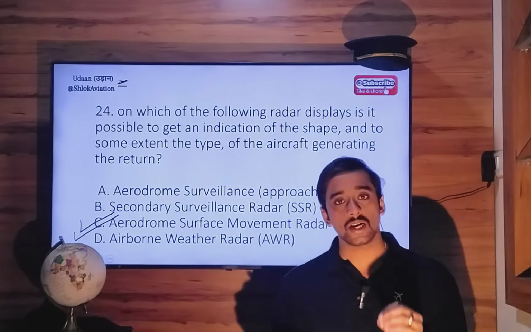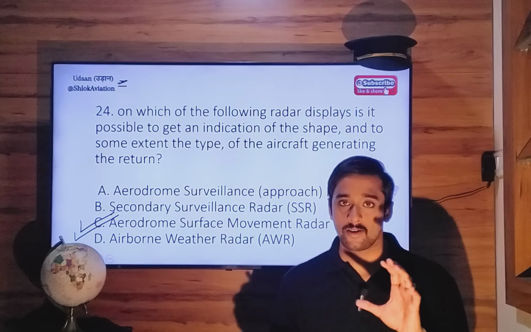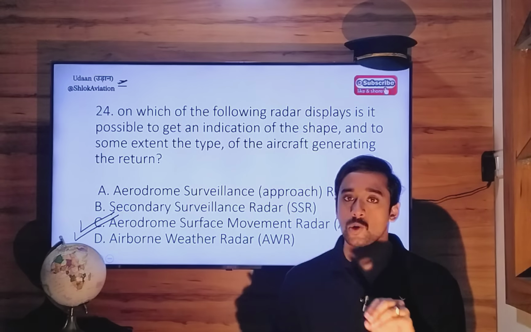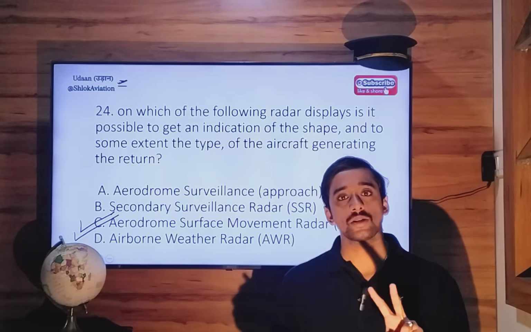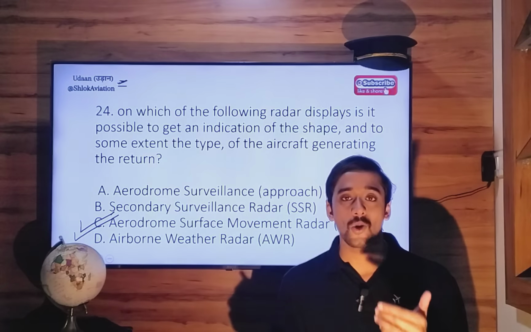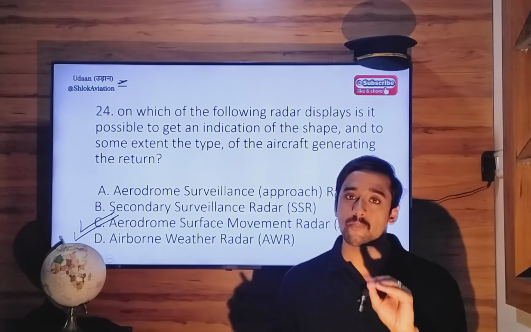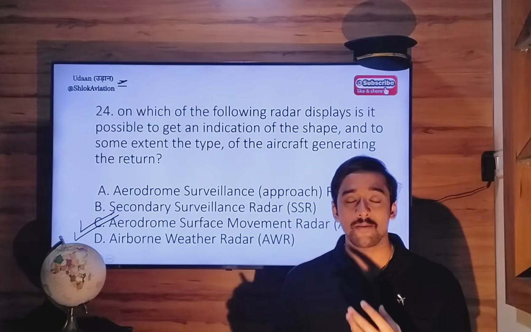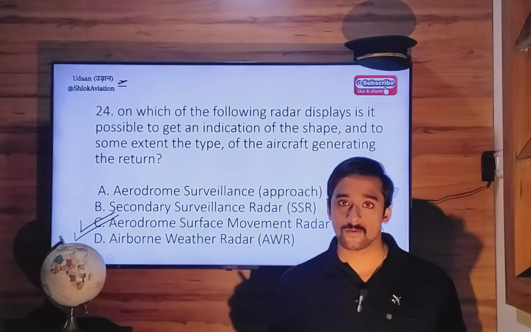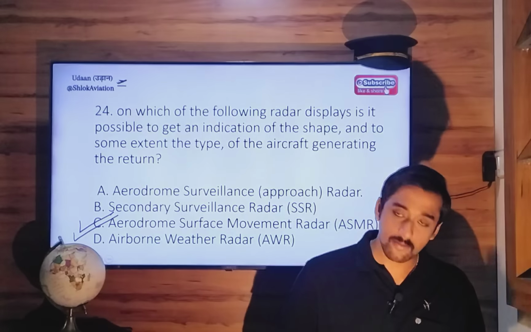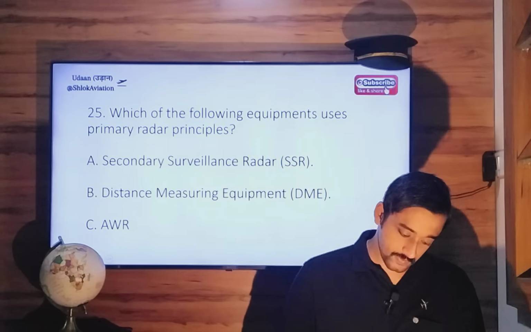So the ATC controller will see the position of aircraft on the airport on the radar screen. In addition, sometimes by looking at those radar representations of the target, he can also get to know the type and shape of the aircraft. Remember this: sometimes, not always.